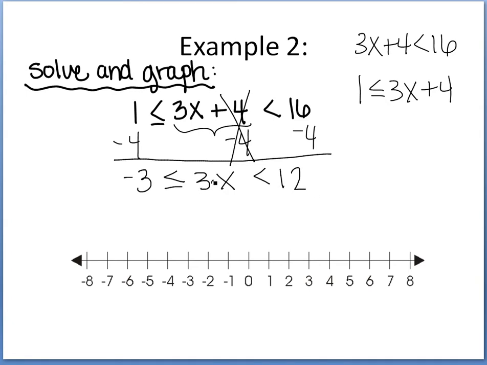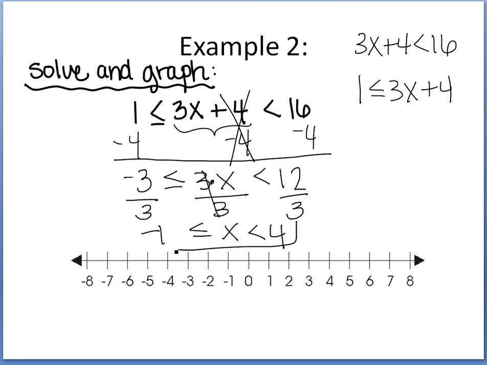Now I'm going to undo the multiplying by 3 by dividing by 3. That gives me negative 1 is less than or equal to x, because the 3's cancel, which is less than 4. So you could see, if you do it this way, you get the notation back the way it is when it's combined.